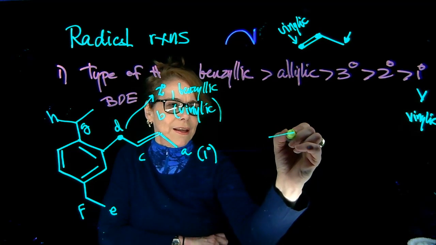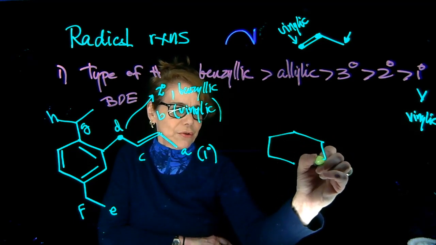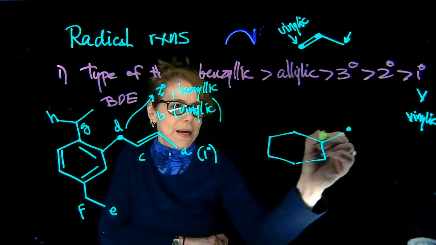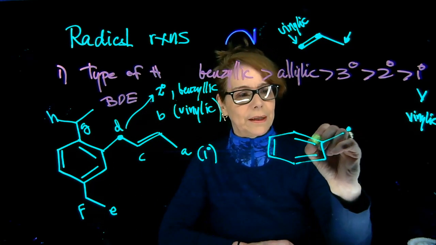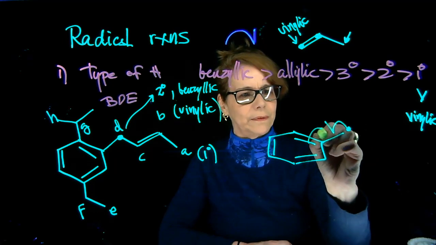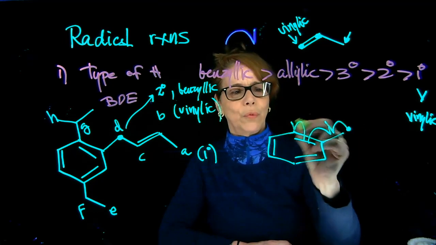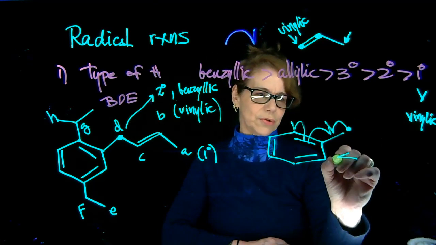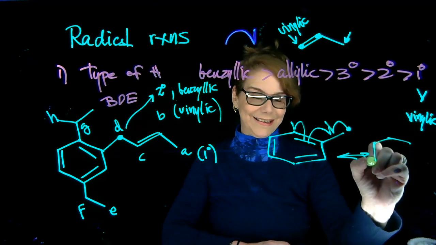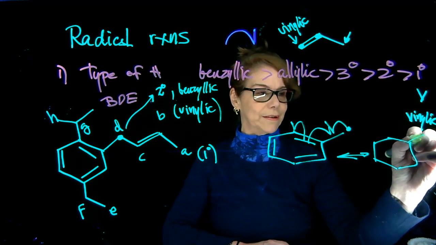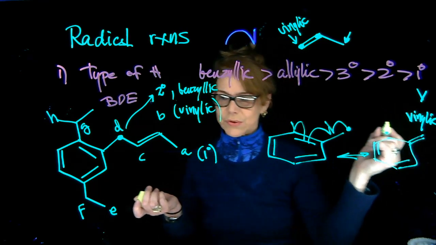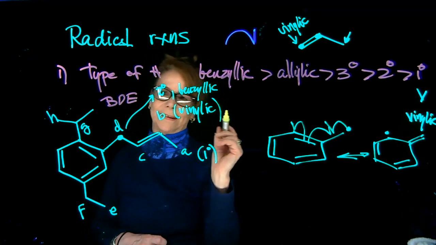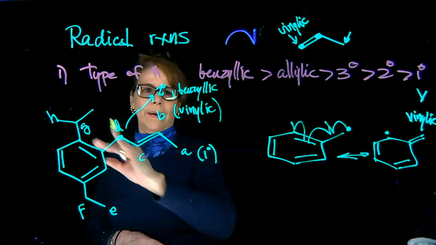Remember, I'm just going to draw this to remind you that the benzylic radical is stabilized by resonance, and we can draw a number of resonance structures. I had that in another video if you're interested in checking that out. Okay, that's one of the resonance structures. So that should be easy to break.